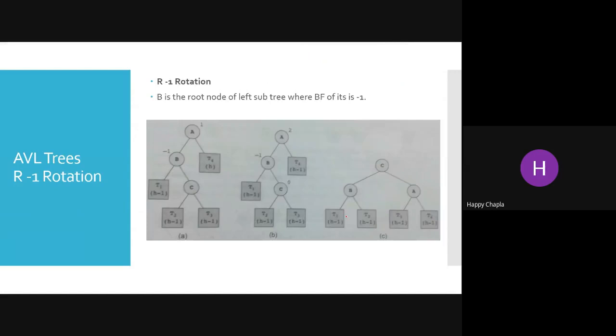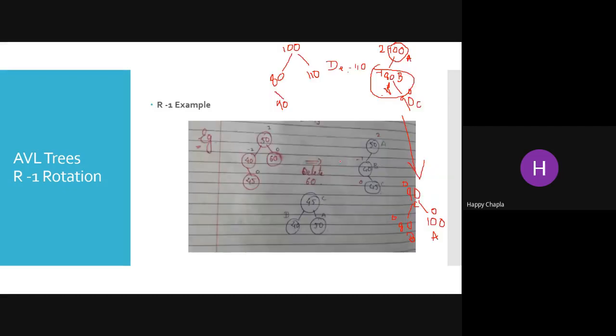Because if we are deleting something from the left hand side, the same scenario is available on the right hand side. So we are just moving that node towards this position. In that L minus 1, we just move from this side to this one. This is the same as before, but whatever is available on the right hand side, we are just moving towards the left hand side. So that is your L0, L1 and L minus 1 rotation.